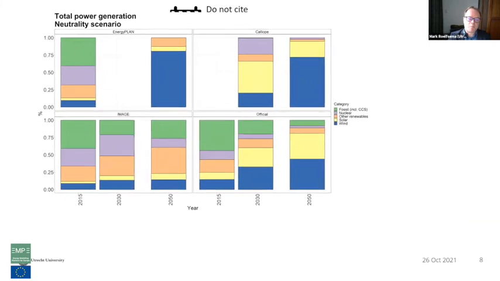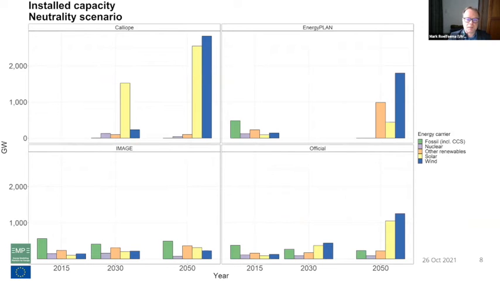Well, we can compare other types of variables. For example, which is also very interesting, the installed capacity. For example, Calliope has, relative to the other models, very high capacities, but that's actually for two reasons.